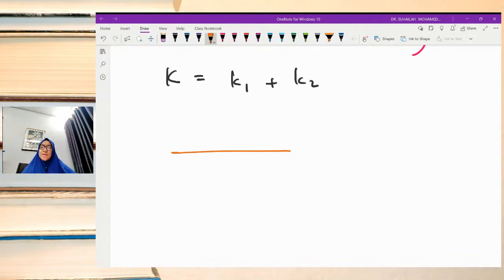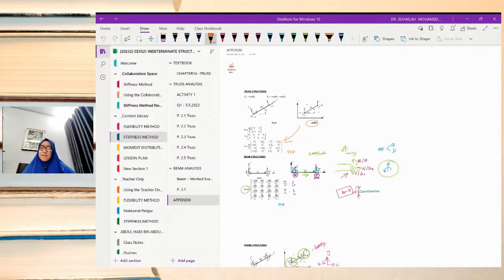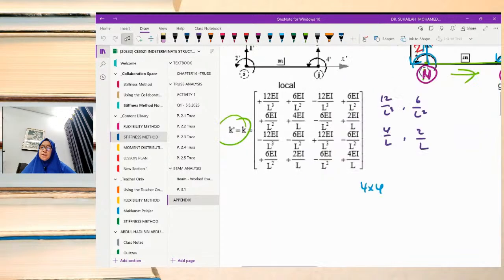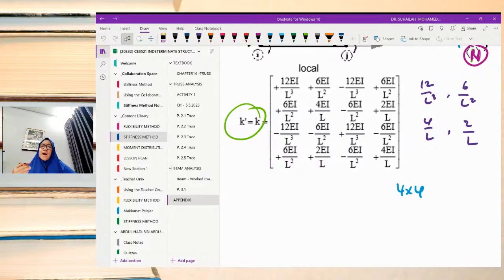And one more thing, in beam we don't have to calculate CX, CY, because in the formula to calculate element stiffness matrix there is no CX, there is no CY. We will calculate K based on EI and L only.